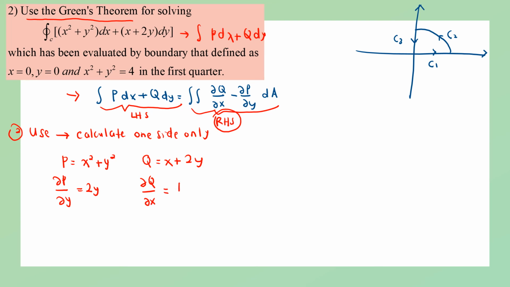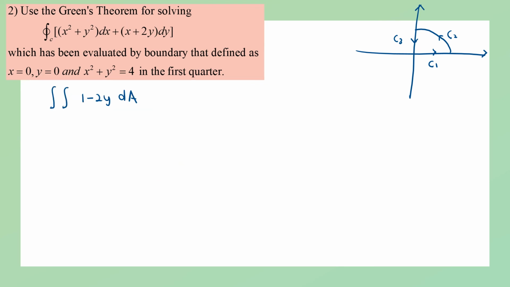Therefore, when you substitute in del Q over del x minus del P over del y, you will get 1 minus 2y. When you substitute in the formula of the double integral, you get the double integral of 1 minus 2y dA. What is dA? I will continue in the next slide.